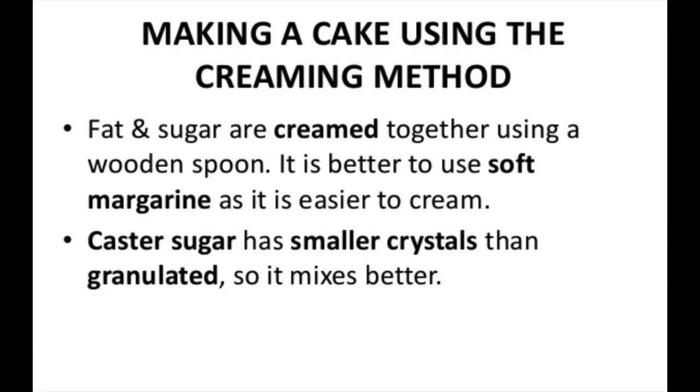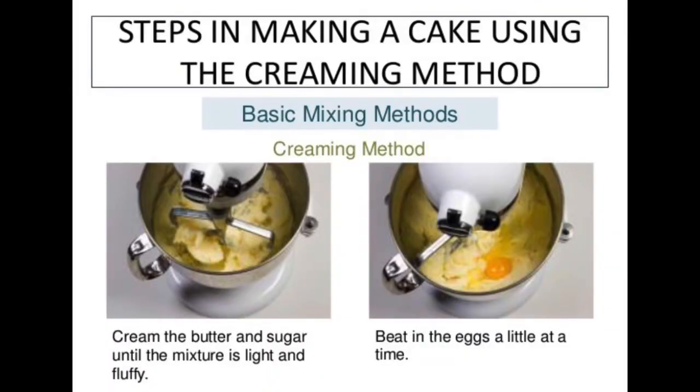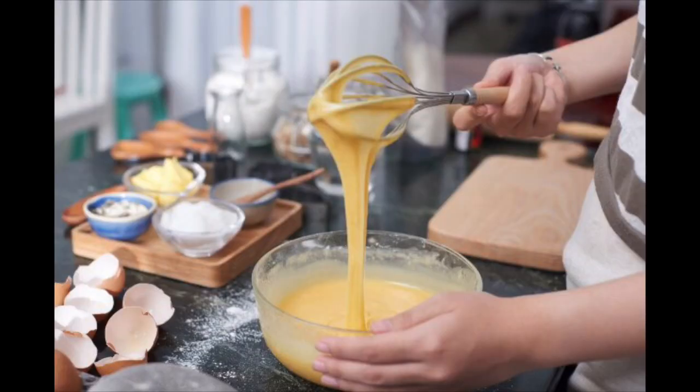You cream the fat and sugar together, and after it becomes creamy and fluffy, then you add eggs one by one, and then at the end you add the mixed dry ingredients like flour, baking powder, baking soda, and salt, which have been sieved together, to the batter of fat, sugar and egg.